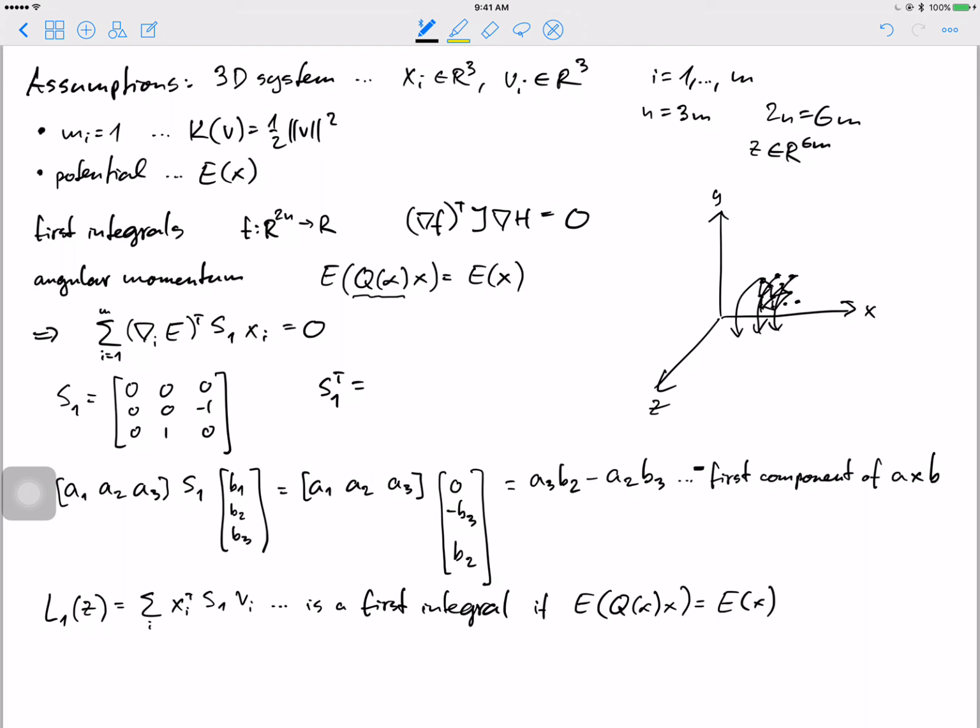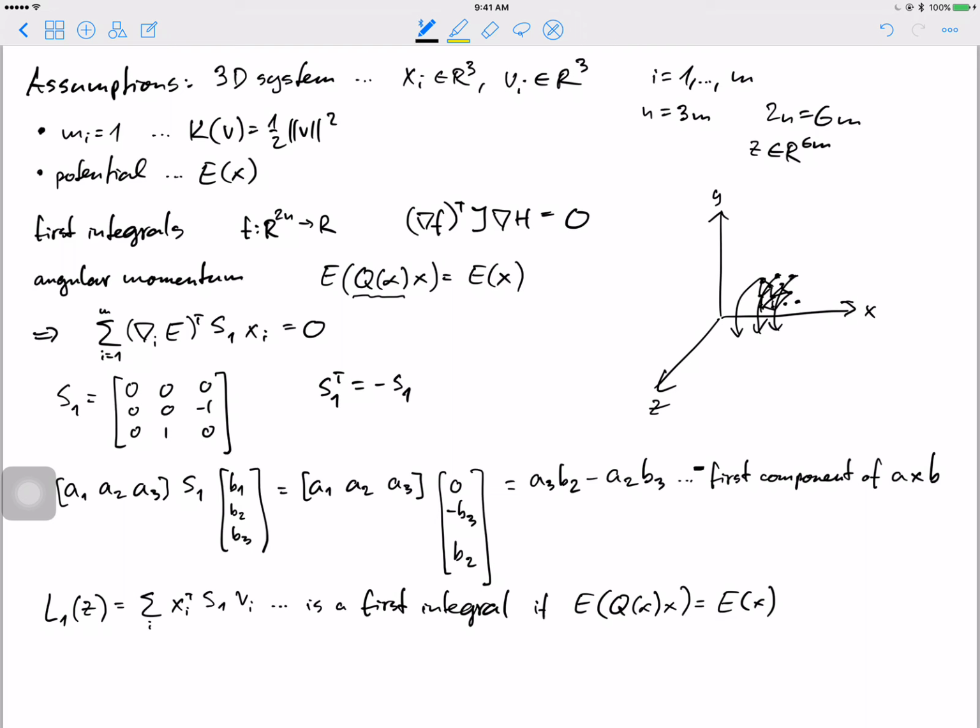Maybe raise your hands because I cannot make it out. Yeah, someone? Yep, and 0, minus 1, 0. That's right, Simon. So you can also write it as actually minus s1.